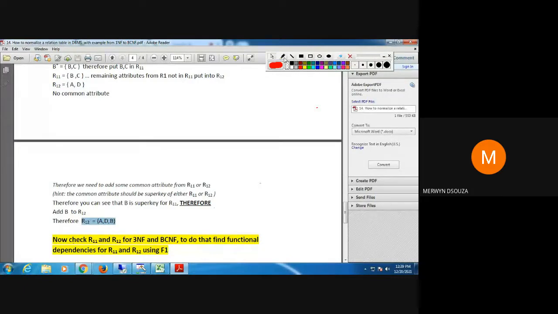Now, if you remember, from R we had got R1, R2 and R3. R2 and R3 were in BCNF, so we keep these to the side and don't do anything.